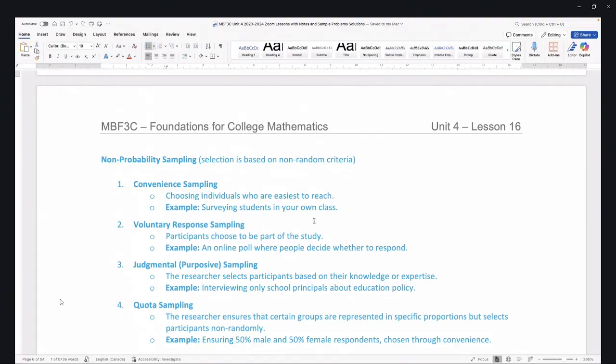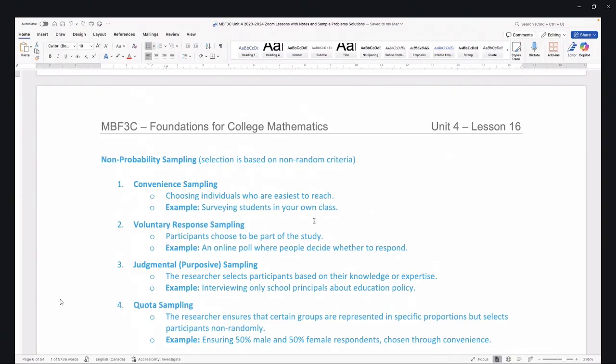Judgmental sampling would be if you're studying a specific topic that may require some expertise, then you might only research or survey participants based on their knowledge or expertise of the topic.